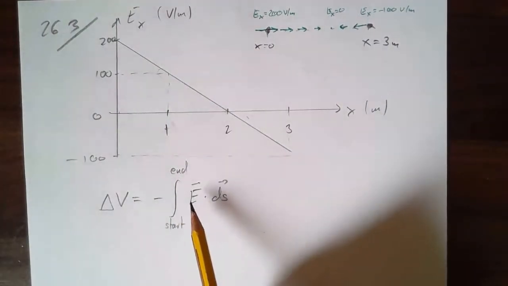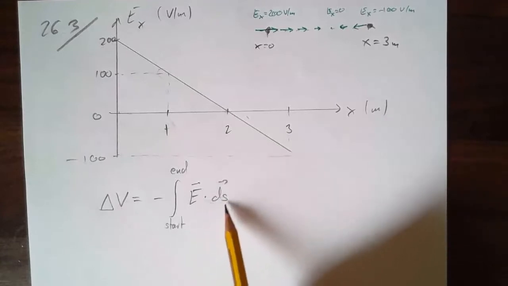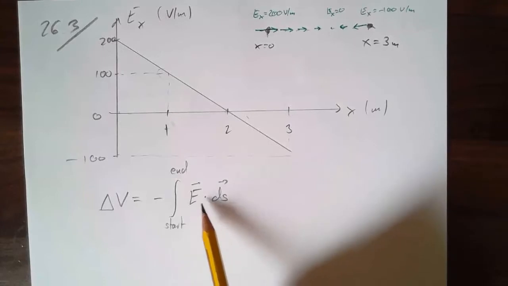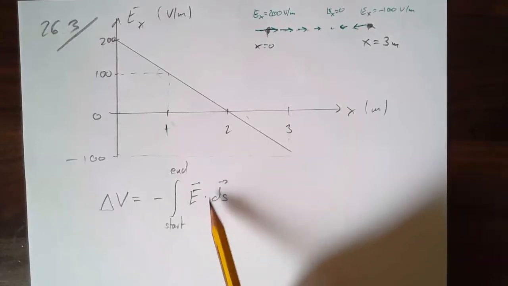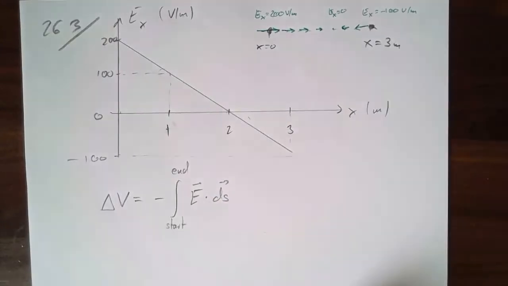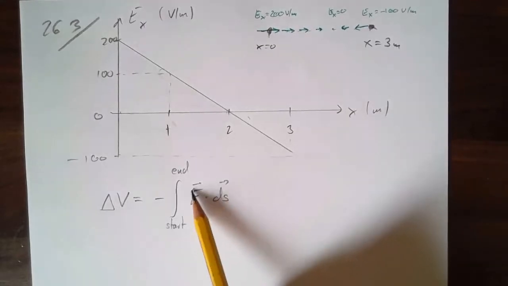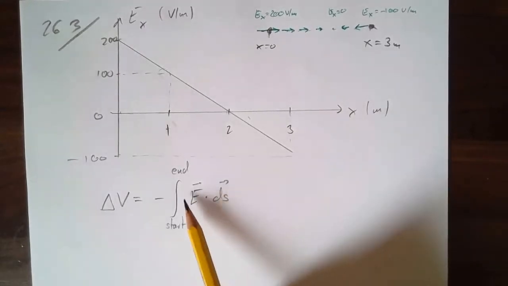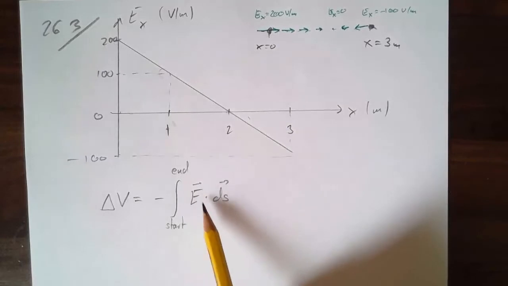And what we're really doing is we are taking tiny little steps along some path, and for each step we're adding up how much we're going up or down in the potential. Right? Because the electric field gives us the rate of change of potential with distance.